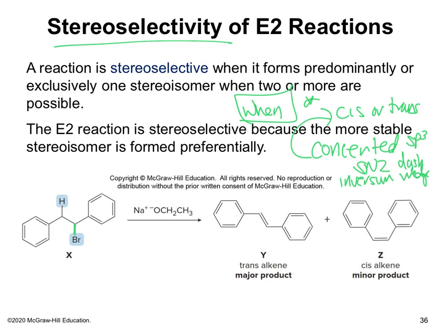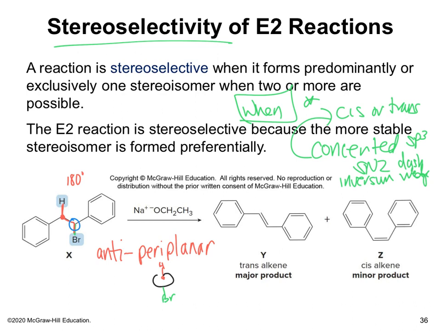Here, your beta hydrogen has to be anti. This is called anti-periplanar. What that means is this has to be 180 degrees. If you did a Newman projection on this, the hydrogen and your leaving group.